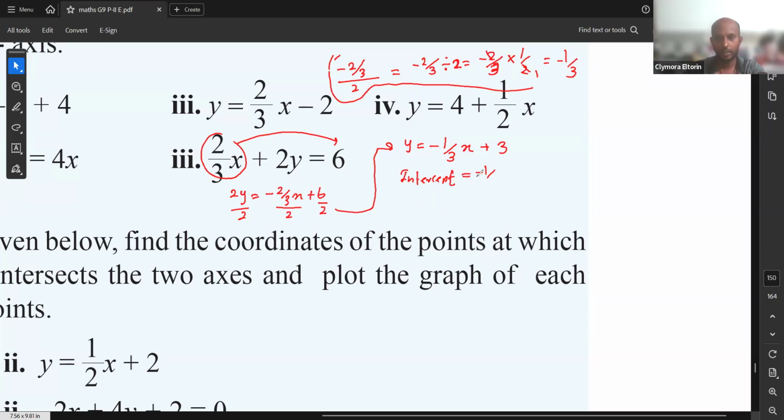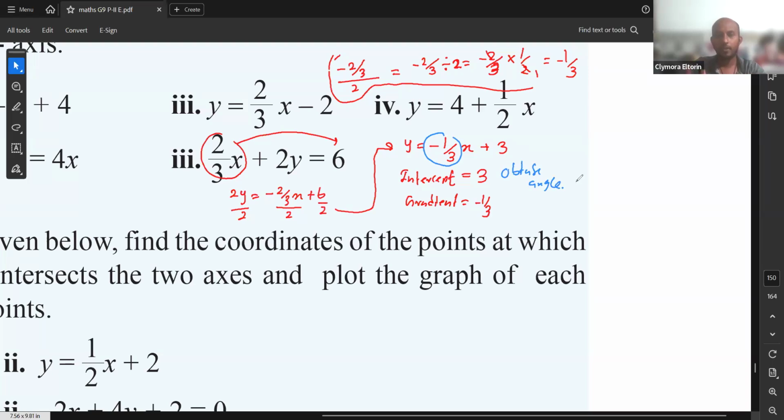Change the sign. What is the intercept? The intercept is plus 3. What's the gradient? It's minus 1 upon 3. So what can you say, does it make a right angle or an obtuse angle? The gradient is negative, which means it makes an obtuse angle.